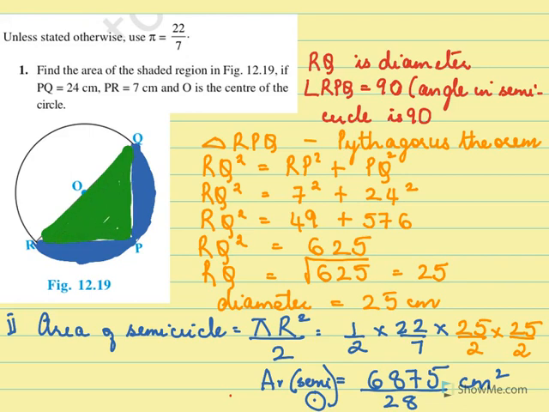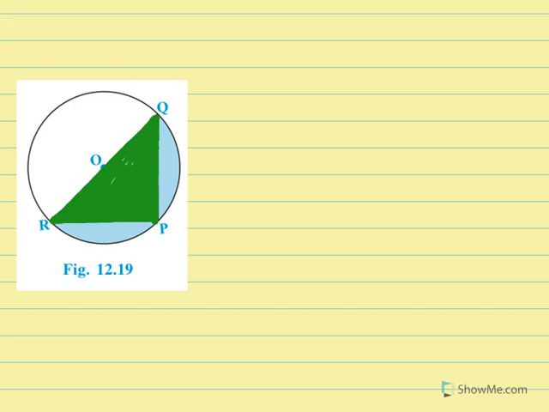And if you see this triangle, it's a right angle triangle because we know this angle was 90. And area of a right angle triangle is quite easy, half base into height. So now we find the area of this triangle. Area of RPQ will be half base into height.